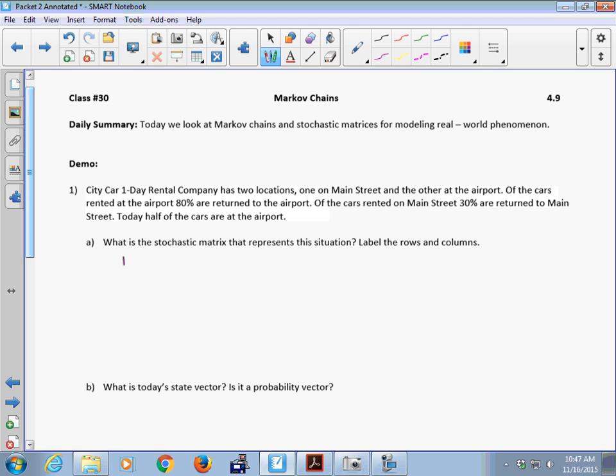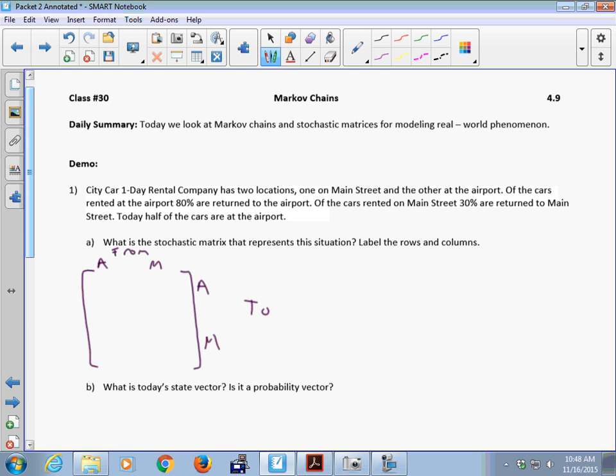Okay, so I'm going to make a little from-to table. It wasn't necessarily a stochastic matrix before, meaning that the entries didn't always add up to 1, but it's the same process. So I've got from airport, from Main Street, and then returning to the airport, returning to Main Street.